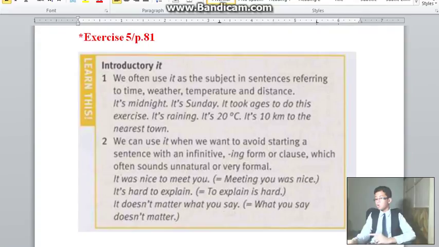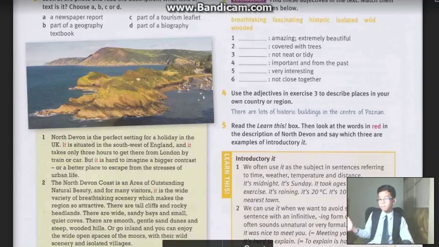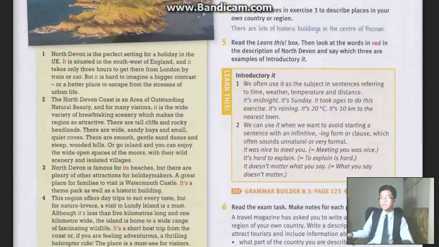Alright? So they tell us to read the learner's box. We have read it. Then look at the words in red in the description of North Devon and say which three are examples of introductory it. Alright, so we will look up at the text.